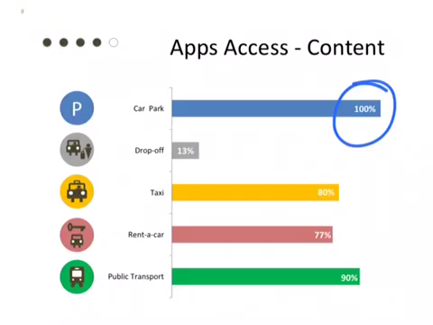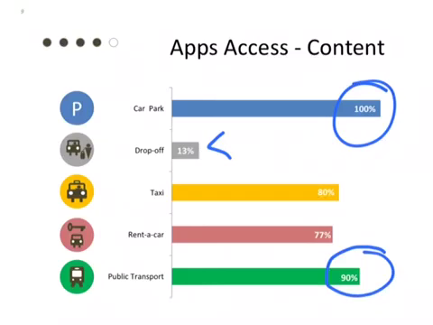But public transport was also provided by 90%, and a bit lower for taxi information and rent a car, and much lower in the case of drop-off or pick-up of passengers, also called kiss and fly. So this is the information provided on those applications about airport access.